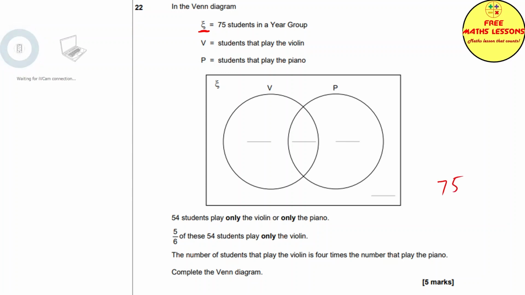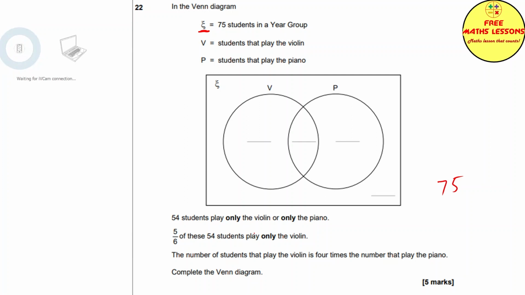V stands for students that play violin, so everyone in this circle plays violin. P is the piano, so these 2 circles are the people who play piano. In the middle, those people play both violin and piano. That's important.